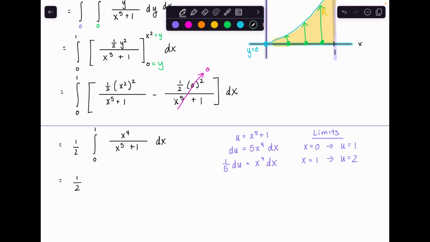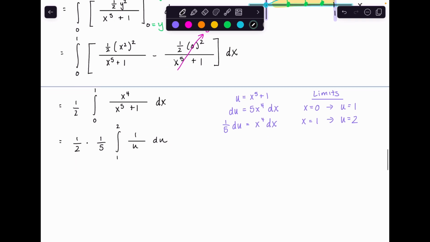This becomes 1/2. I get that 1/5 from the du. My new bounds are 1 to 2, and we've got 1 over u du. Antiderivative of 1 over u is natural log of u. So this gives us 1/10 natural log, and then don't forget your absolute values.